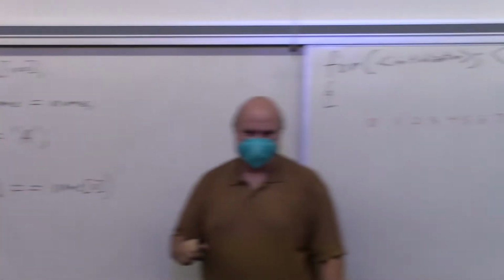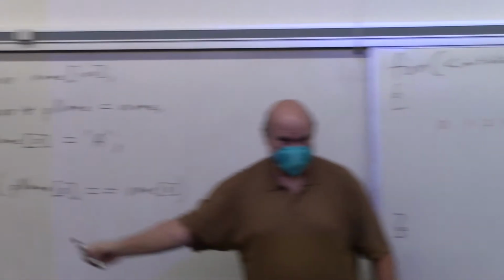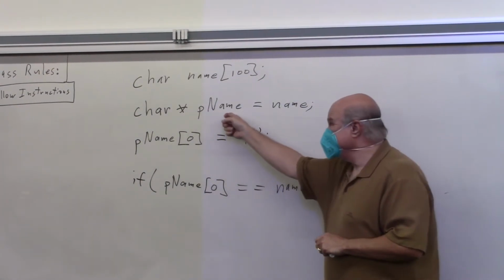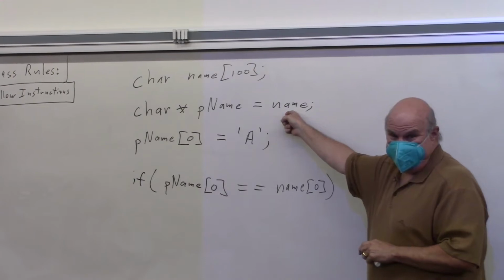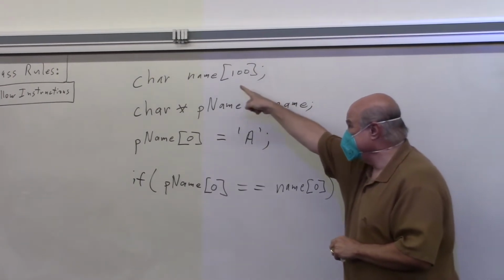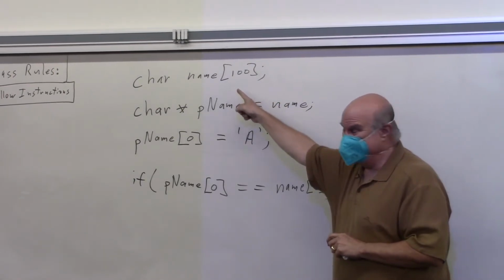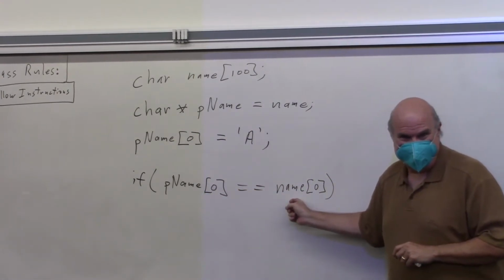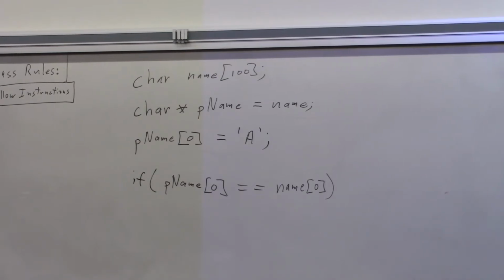Sixth in the row. Is that statement going to be true or false? The pointer pname is pointing to the array name you declared up here. These are the exact same locations. Oh, okay. So yeah, it'll be true.